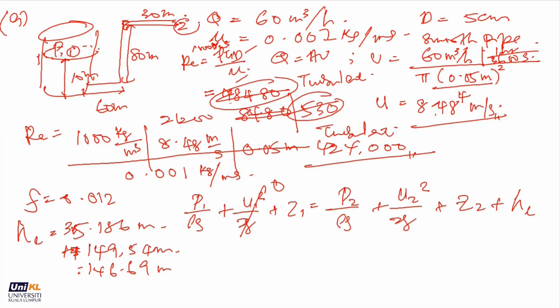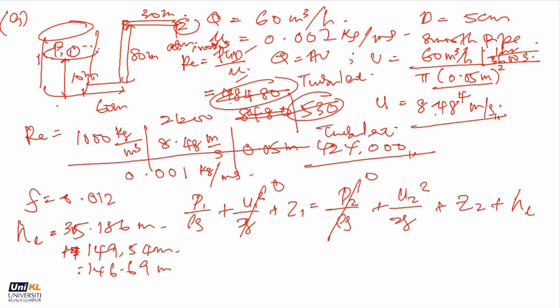This one is point 2, refer to figure 2. Alright, P2 for gauge, P2 is ATM, so for gauge P2 ATM equals 0.